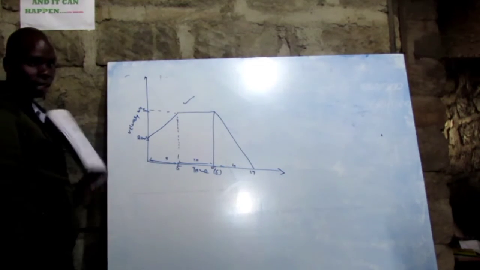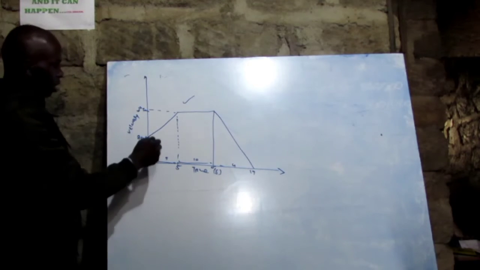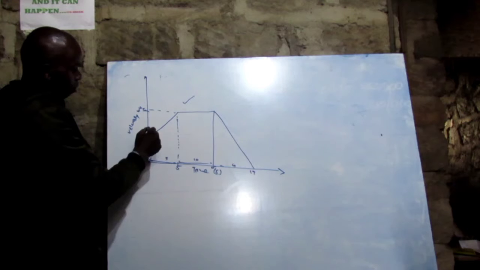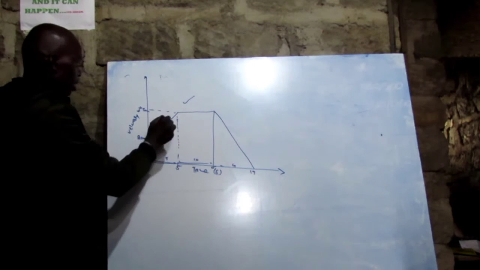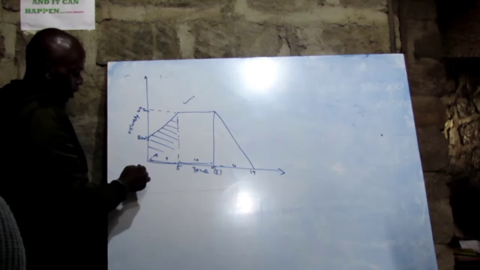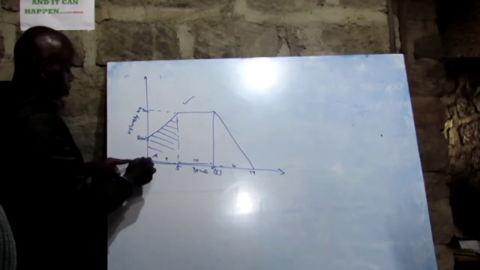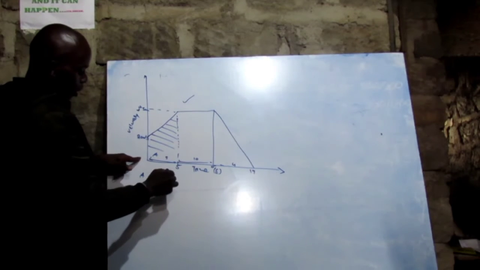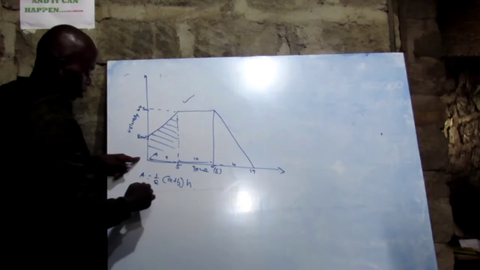Are you able to calculate the area? So what is this? This is a trapezium. And this one is a trapezium. Let us find this here in the shade. So we have two trapeziums. Let us say trapezium A is equal to a half into (a plus b) into h. What is a?